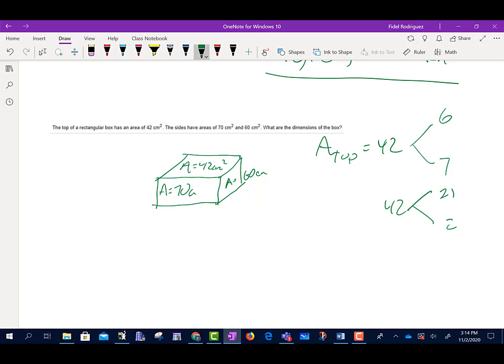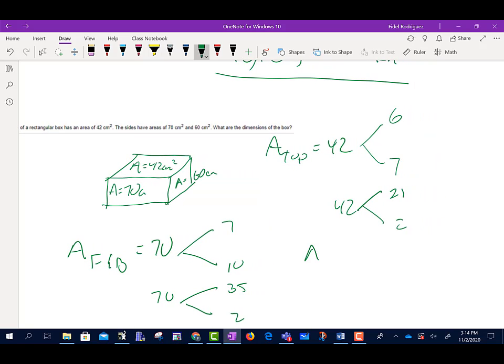And if I look at the bottom, this piece here, the area of this piece, say the front and back, right here, front and back, is 70, right? So this could be something like 7 and 10. It could be something like, I don't know, 35 and 2. I'm going to have some options, right? And then I'm going to do the areas of the sides. And the area of the side is 60, so that could be something like 6 and 10, right? It could be something like this.